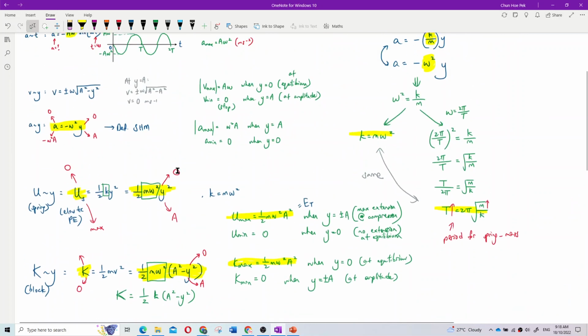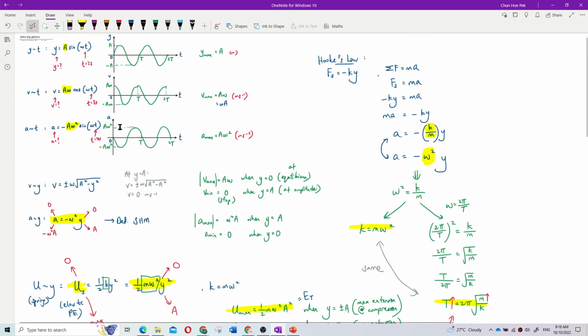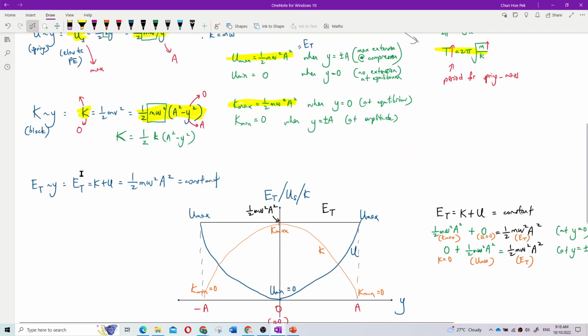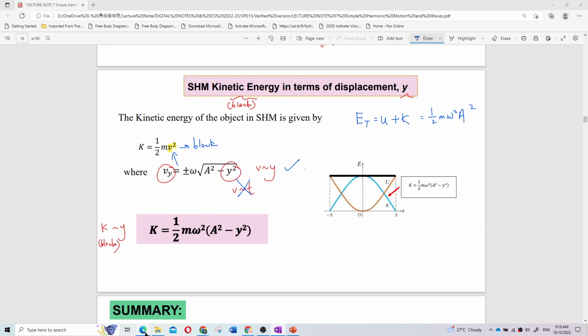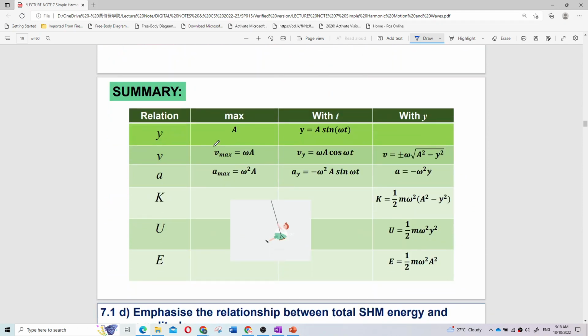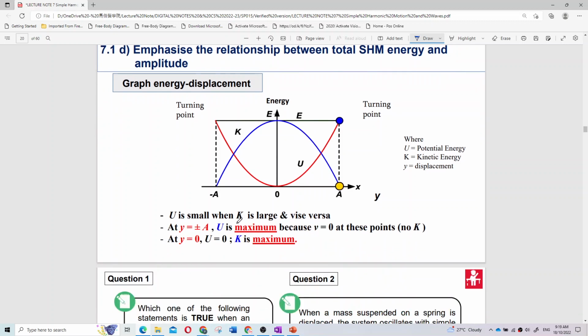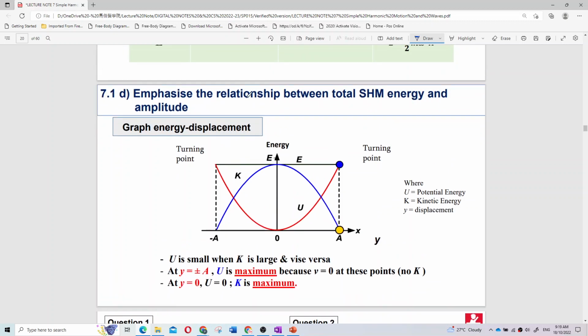So we have all this formula already, right from the beginning until now. Okay, so that actually concludes our, yeah, we have all the formula here. Okay, emphasize. Yeah, I explained this already.